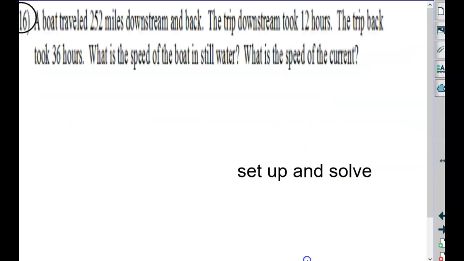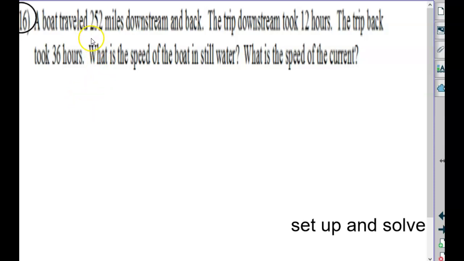We need to talk about this one, though. Number 16. Eek. Students totally struggle with this idea. A boat traveled 252 miles downstream and back. So the trip downstream took 12 hours. The trip back took 36.